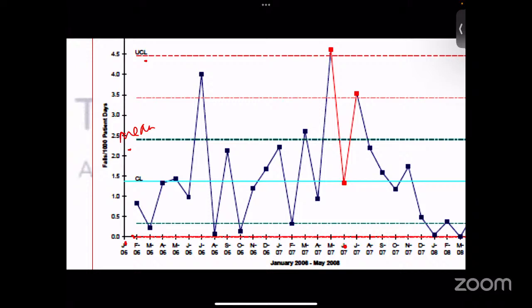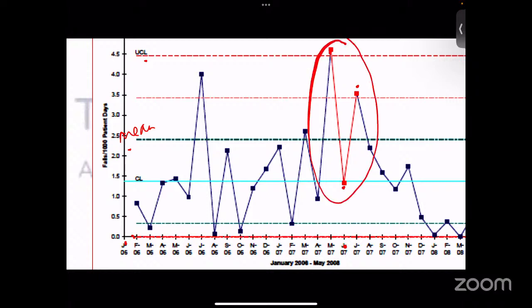So the question here, what is the correct conclusion? So there were 3 consecutive, 1, 2, and 3 points out of control since mid-2007 affecting the control. And there is a shift in variation that occurred in mid-2007 requiring an intervention. Then all patients have been out of control since mid-2007.